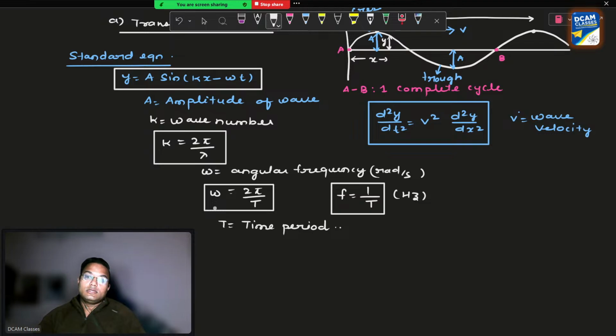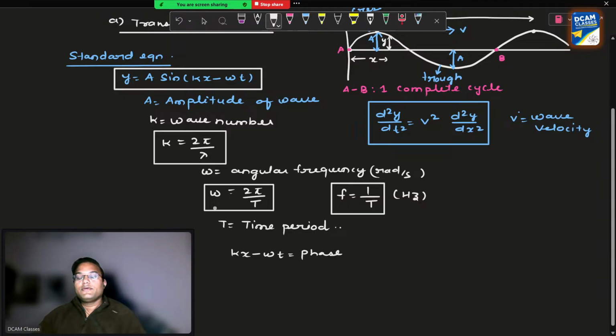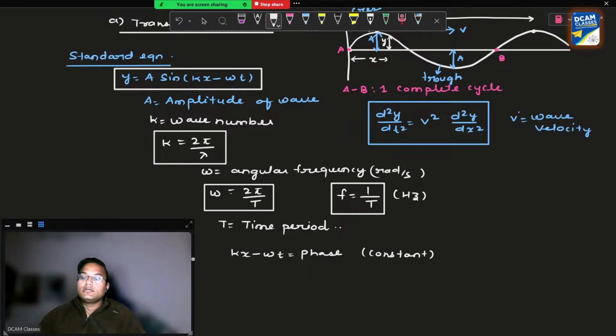Now, the part inside this sine, this kx minus omega t, is known as the phase of a wave. The phase of a wave is always a constant value. It does not change.